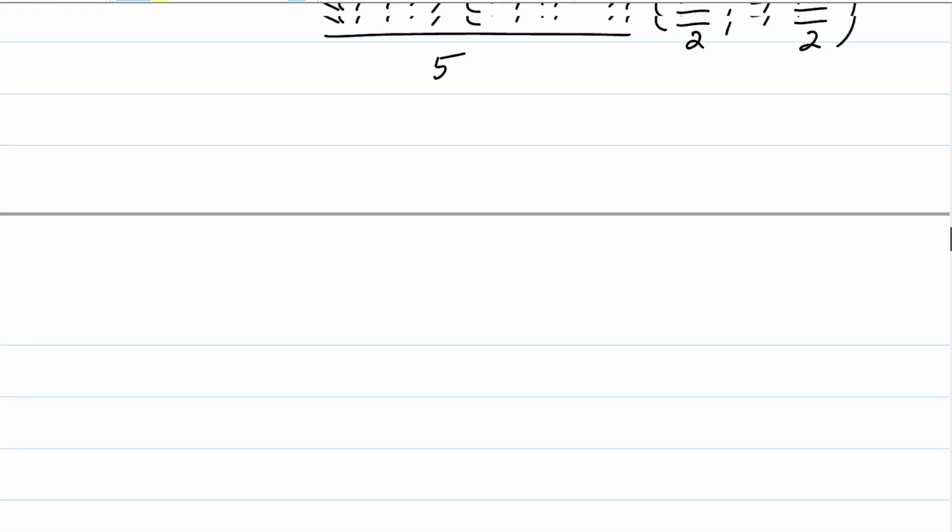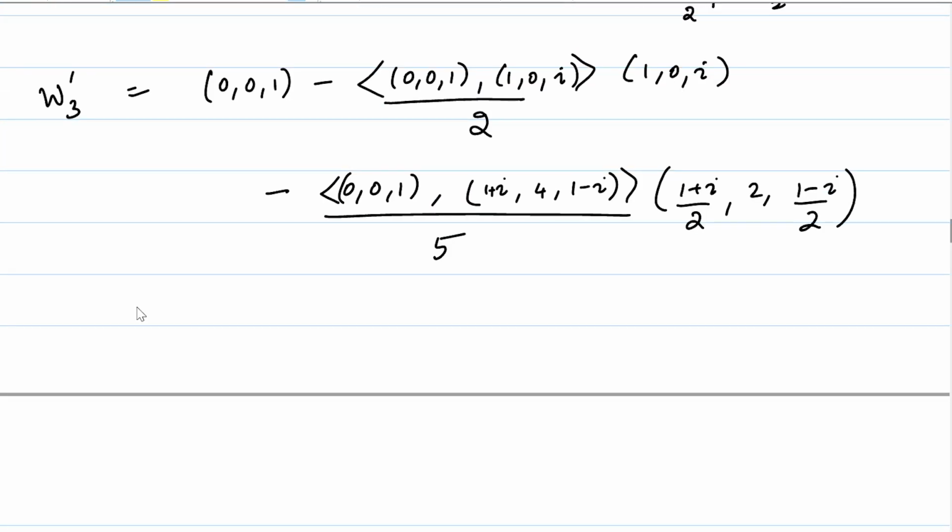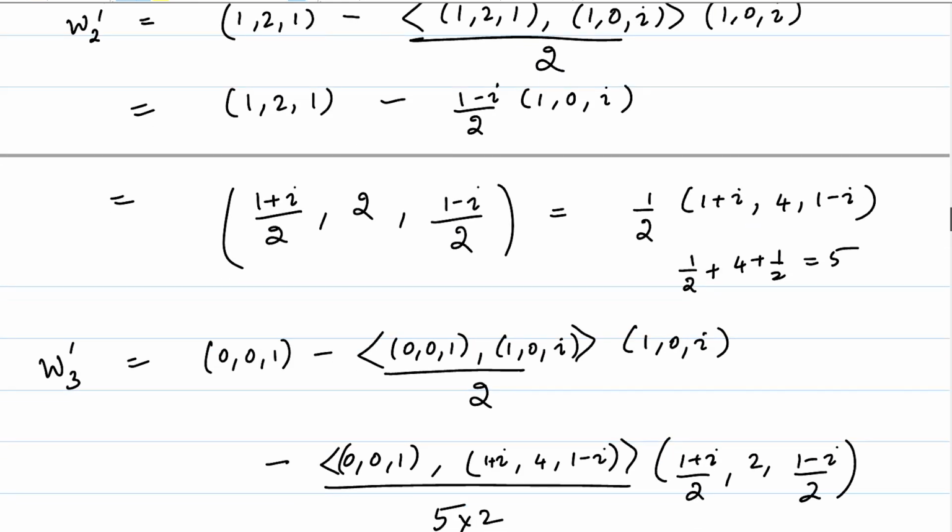Okay, let's compute what this vector is. It's quite computational, as I was indicating a bit earlier. This is going to be 0, 0, 1 minus the term here will be contributing, which will be minus i. So minus i/2 times 1, 0, i minus... I hope I'm not making a mistake. This is going to be 1 plus i. Oh, there is a factor that will come in here, because there's a half which I missed.